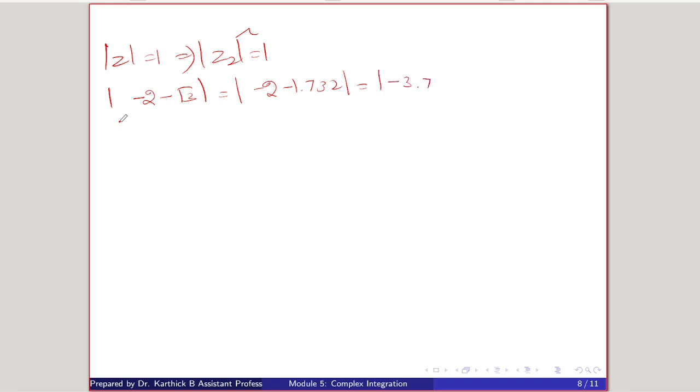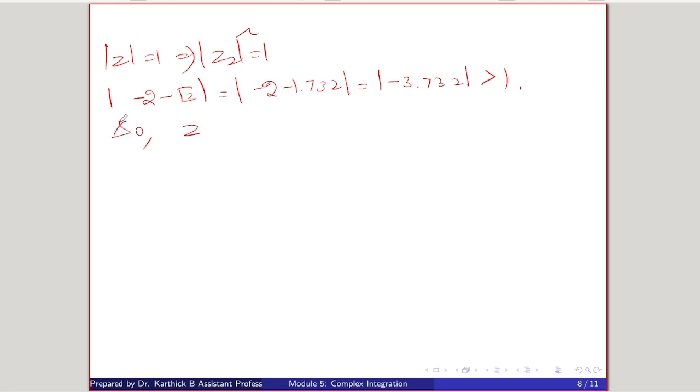Then check for z2. Our equation is mod z equal to 1, and we have to check z2, which is minus 2 minus root 3. So here minus 2 minus 1.732 gives the value minus 3.732. Surely its modulus is greater than 1.